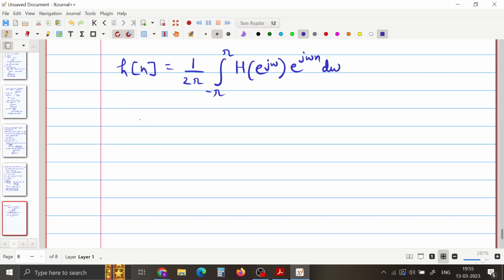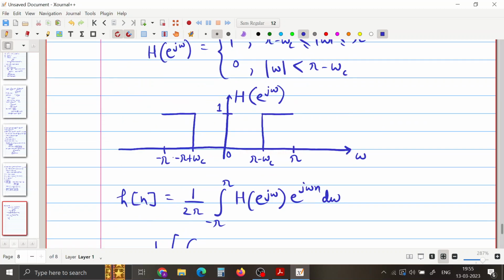The frequency response is non-zero only between two intervals: from minus pi to minus pi plus omega c, and from pi minus omega c to pi.